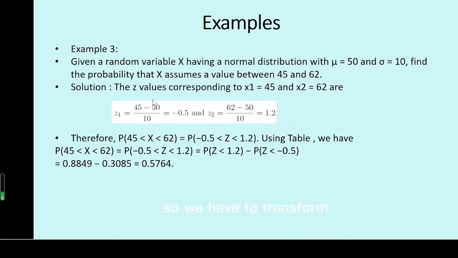So we have to transform this random variable into a z value first. z1 is 45 minus mu divided by sigma, which gives about minus 0.5, and z2 gives 1.2. Then the probability of x between these two values equals the probability of z between these two values. Using the table, the probability is about 0.5764.